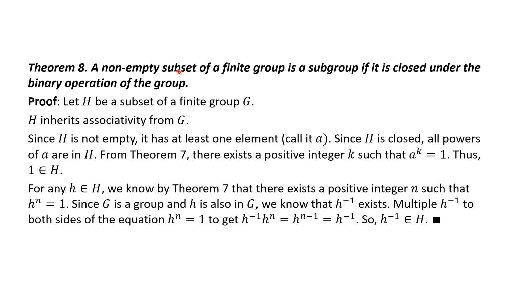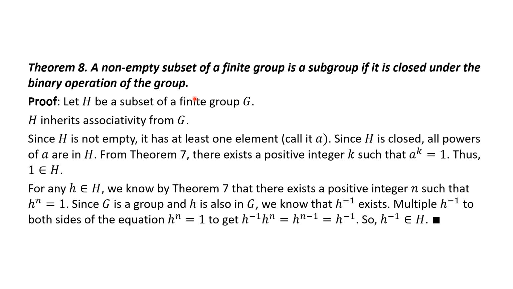So in the case of a finite group, a non-empty subset is a subgroup if it is closed under the binary operation of the group. So this is a fairly easy way to prove something is a subgroup, assuming that you're working with a finite group in the first place.